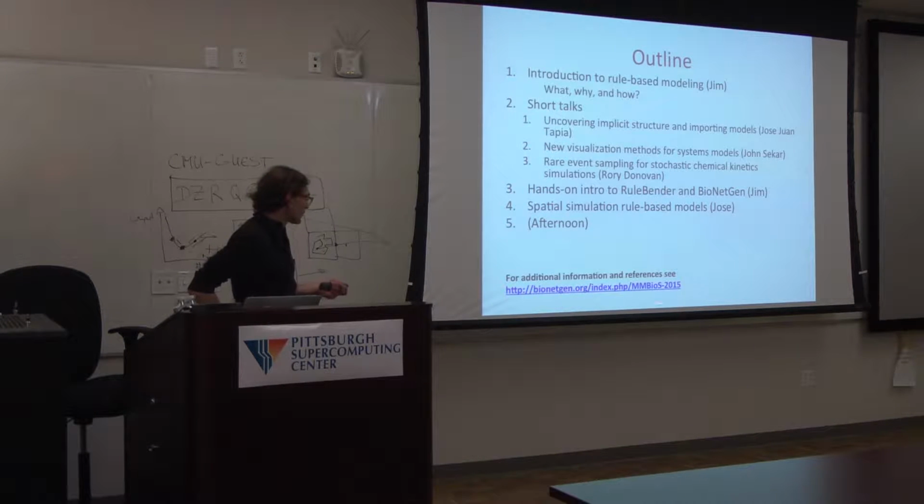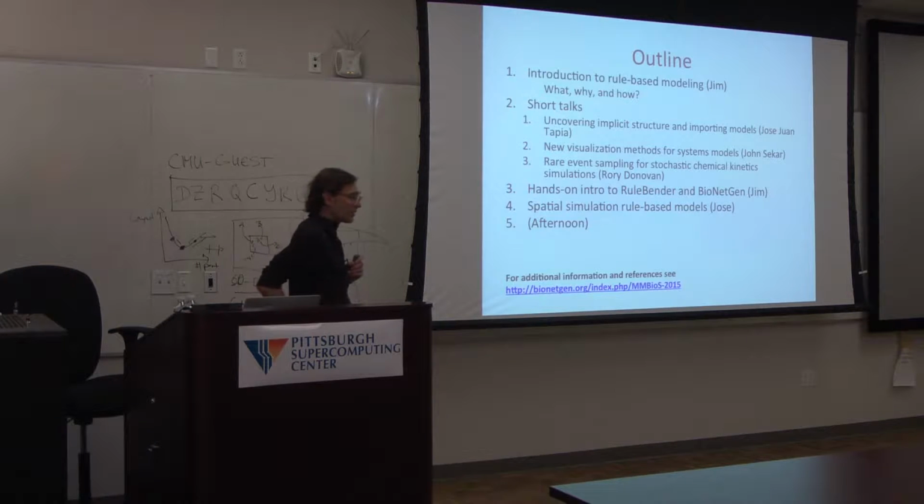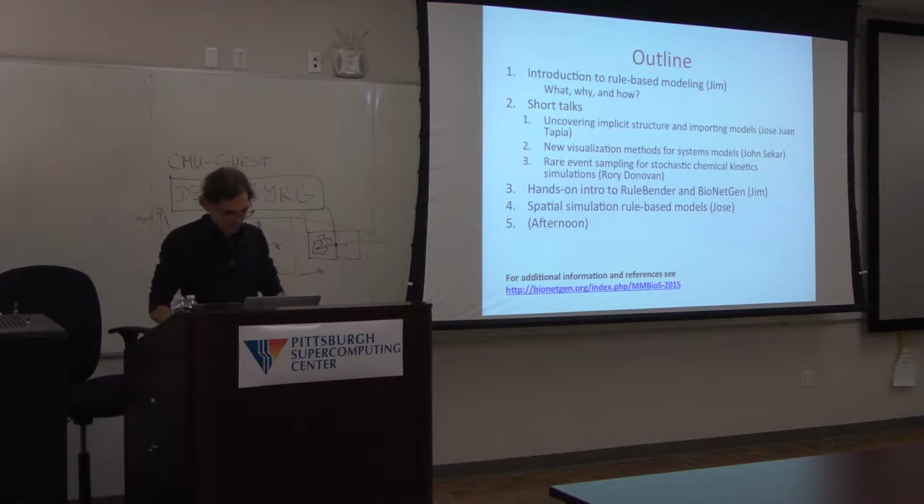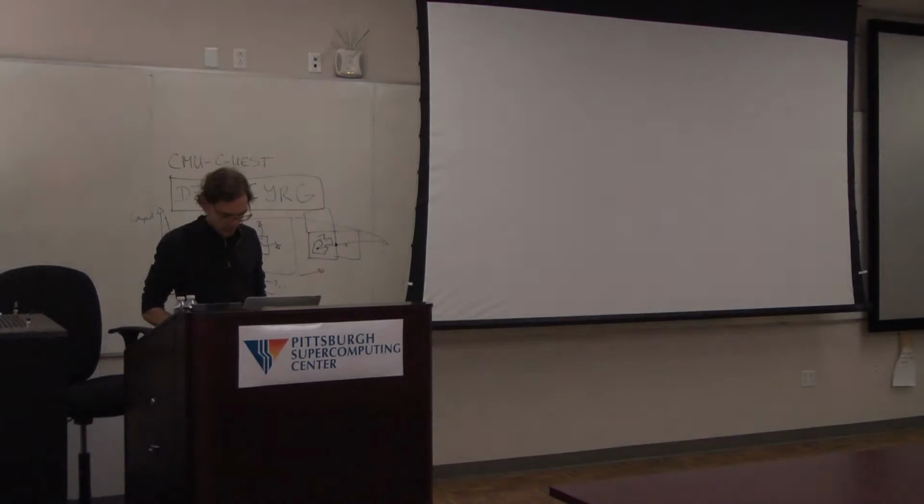Okay, and all of the information for the presentations today and the tutorials is available at our wiki site, bionetgen.org. This link will take you to all the materials, including the slides that I'm presenting right now. So if you go to bionetgen.org, you'll see on the front page, I can show you briefly.